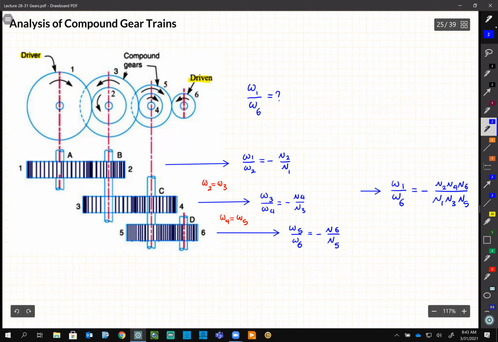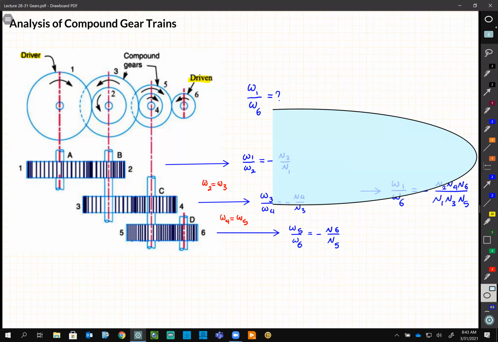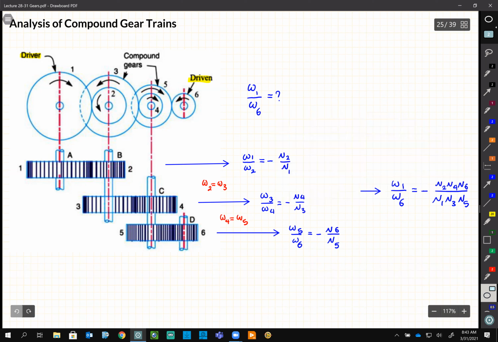But always, please solve the problem, because sometimes you're going to end up with tricky problems. For example, you may have another gear somewhere here.